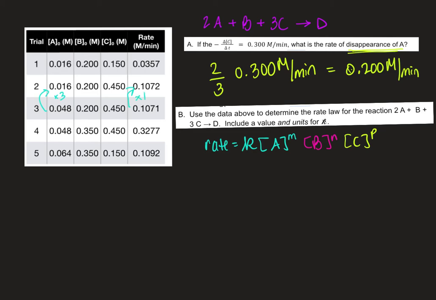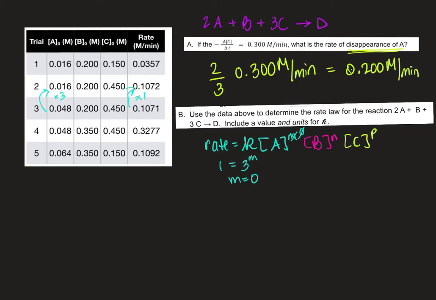So your rate ratio will be equal to 1, and then if we are multiplying the concentration of A by 3, 3 to what power gives us 1? That gives us the order of reaction with respect to A as 0. So we can cross this out and put a 0. Really, you wouldn't even have to write that because anything to the 0 power is 1.